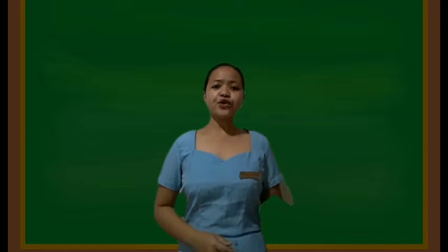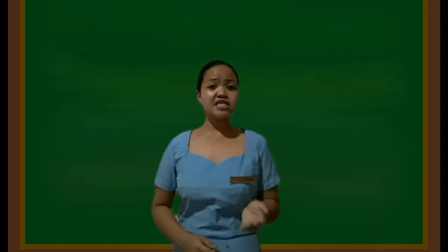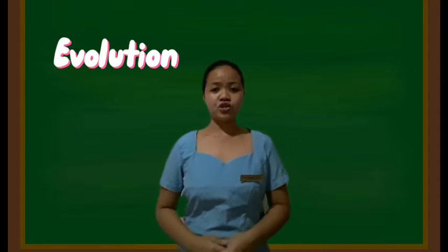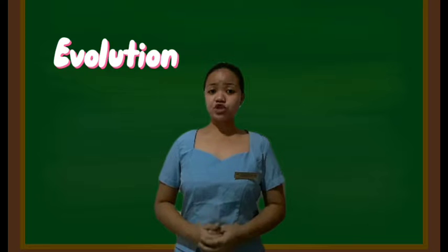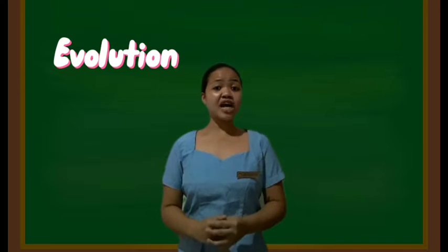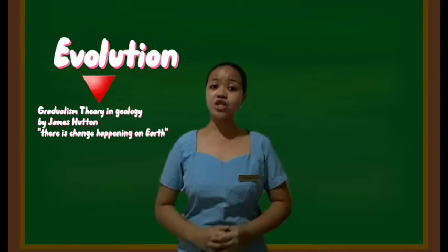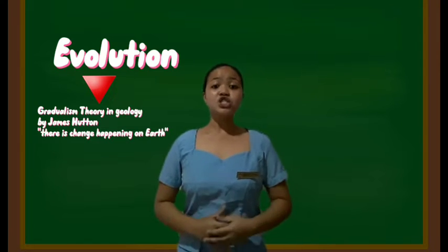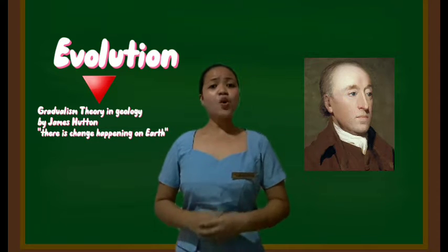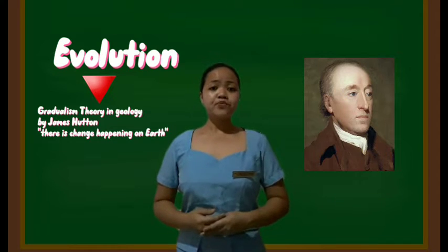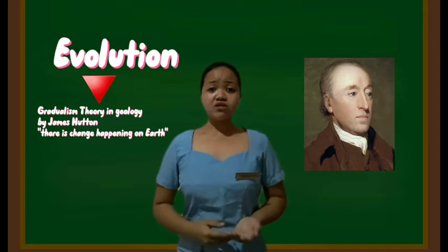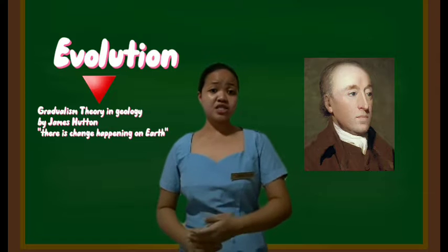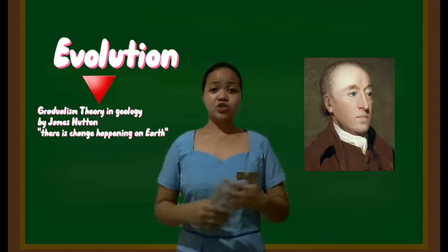The reason for the need of classification is evolution. The theory of evolution was inspired by the gradualism theory in geology developed by James Hutton. According to this, changes occurred to Earth.